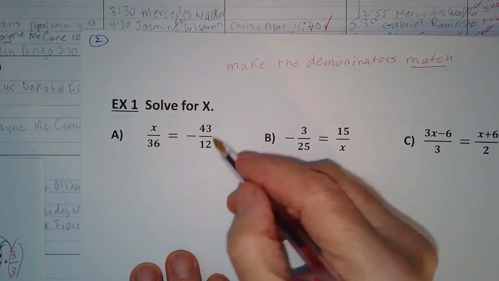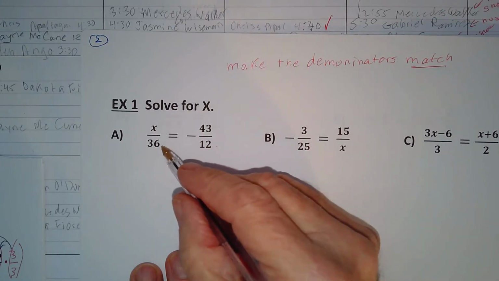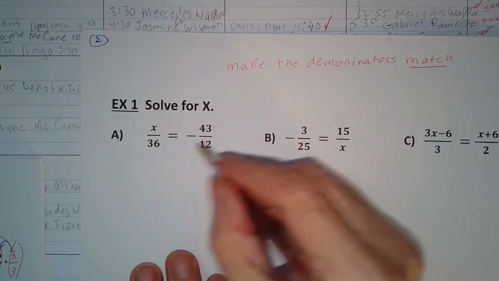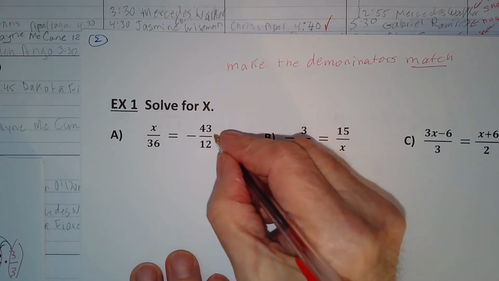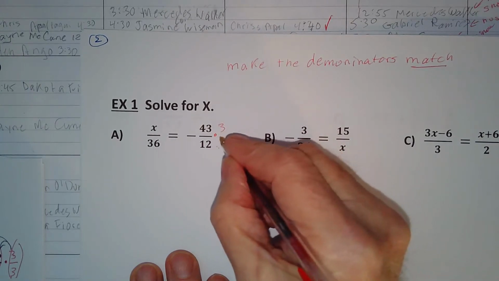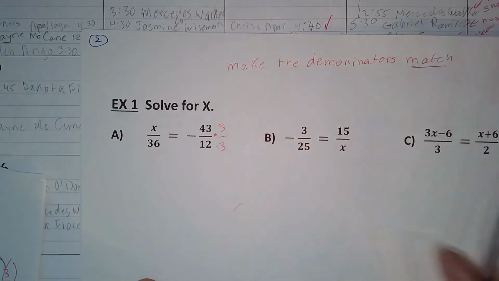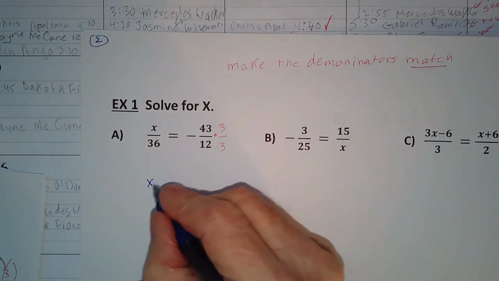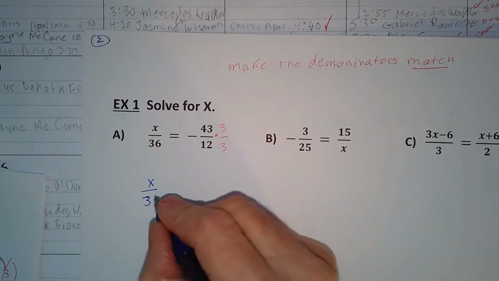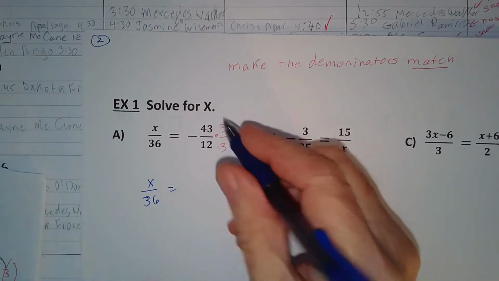If you look at this, 36 is 3 times 12. So multiply the numerator and the denominator times 3 on the right-hand side, and you get x over 36 equals 3 times 43.